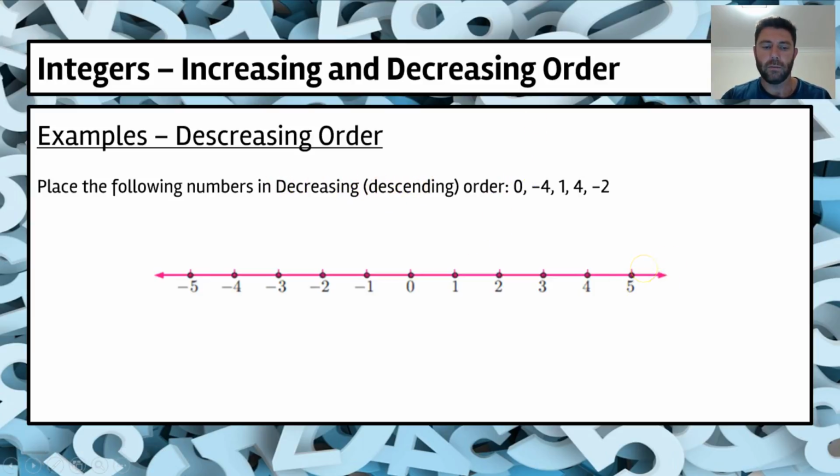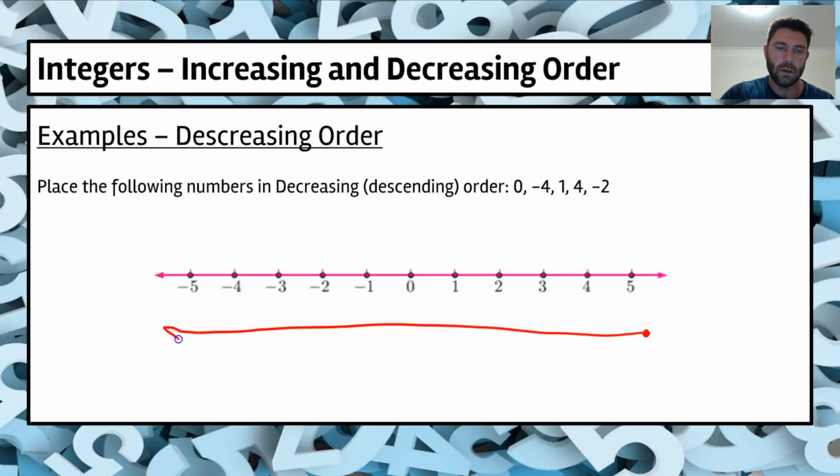So we're actually going to go from this side, we're actually going to go back this way, from largest to smallest. Right, so if we have a look at the numbers, we've got 0, -4, 1, 4, and -2.